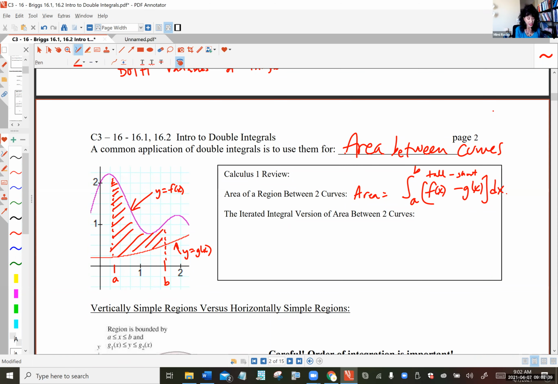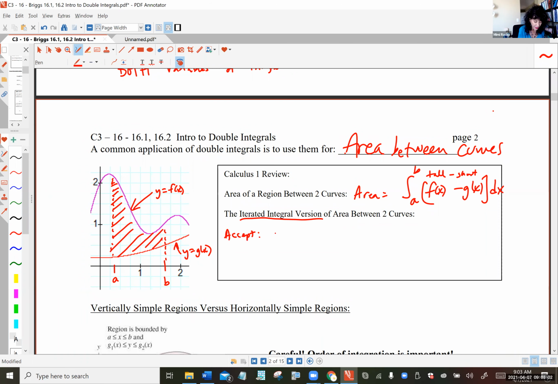Now, how do you do the iterated integral version of this? Like the more advanced Calc 3 representation for an area between curves, which is going to be an iterated integral, a double integral. So first, I need you to buy something. Do you accept the following little fact?